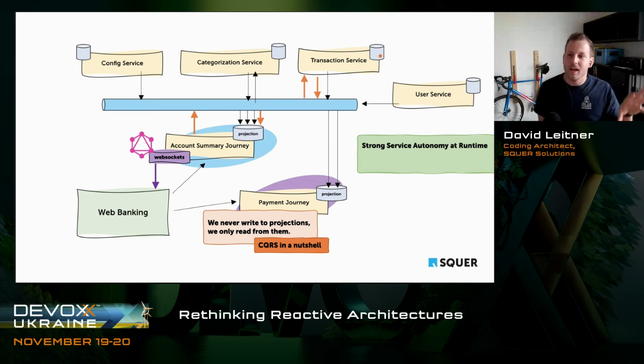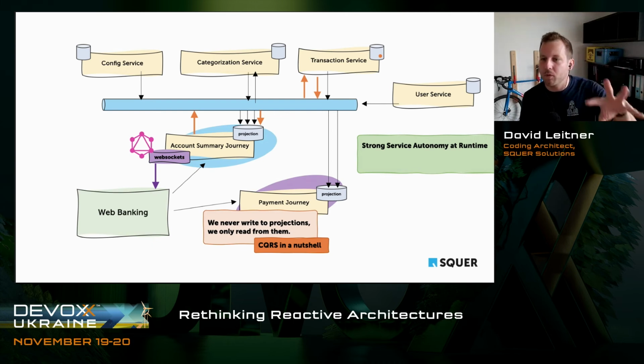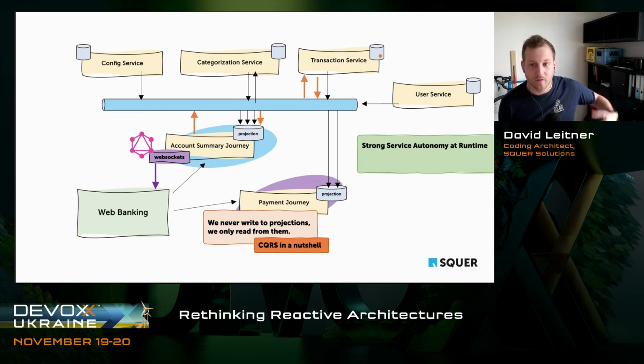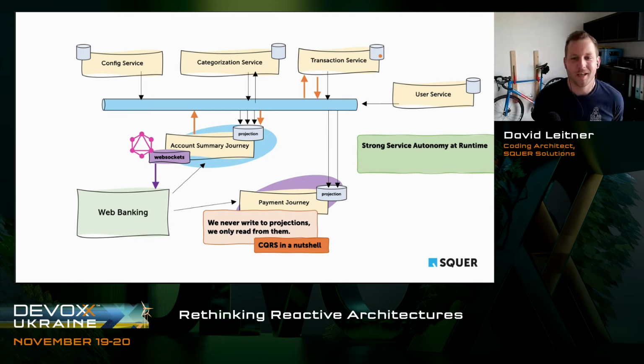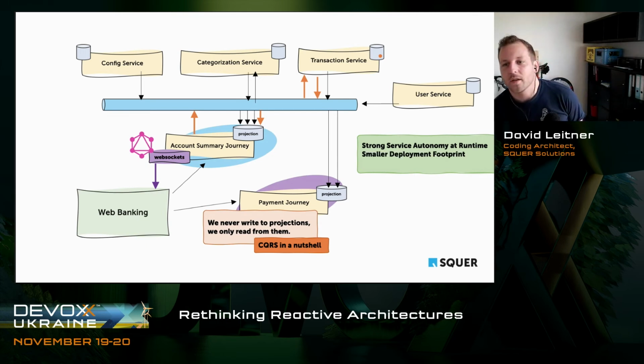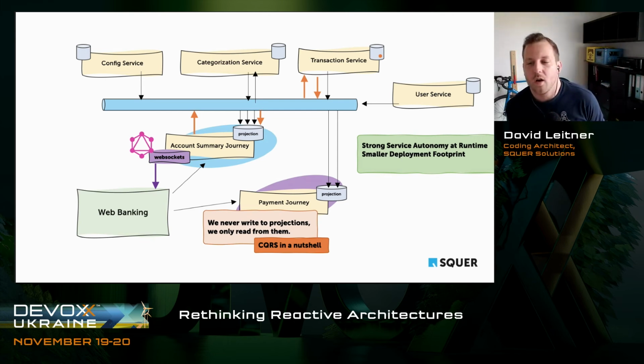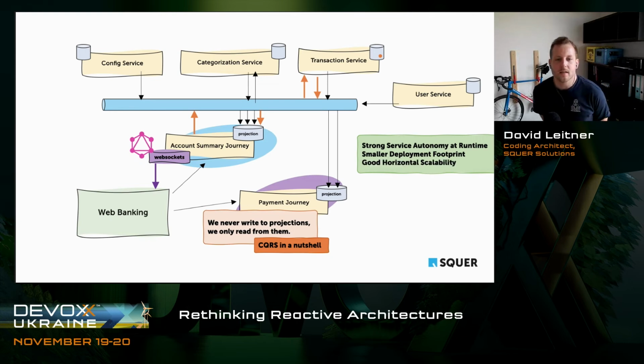Of course, we have eventual consistency, and maybe we don't have the latest transactions there, but we have a good and usually quite near real-time projection, which usually fulfills the customer needs and makes our system very available, very responsive, right? We have a smaller deployment footprint, so we can really deploy customer journeys without too many overlapping dependencies. And we have good horizontal scalability.